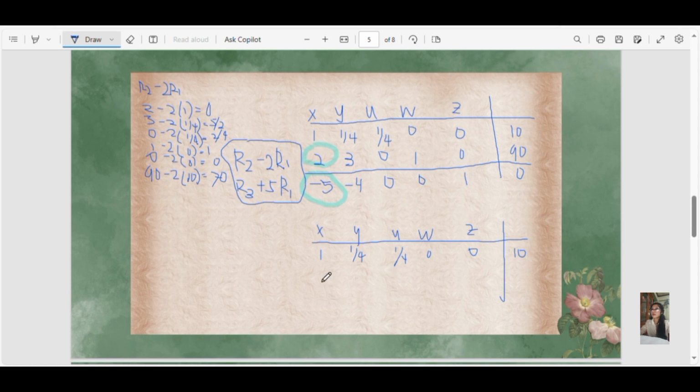So let's write row 2: 0, 5/2, -1/2, 1, 0, then 70.